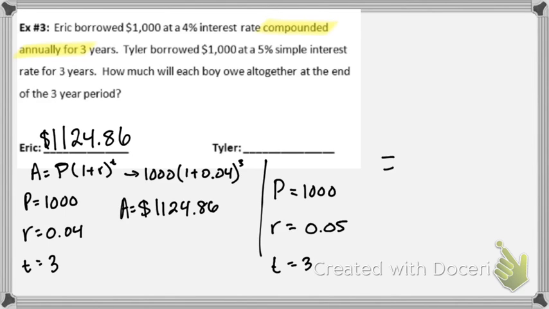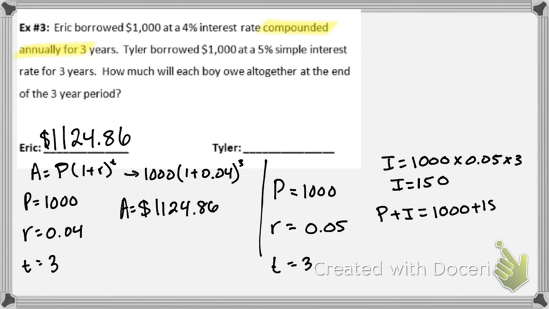Okay, so here we have the interest equals P times R times T. Our interest is 150, and let's get our principal plus our interest, so that way we get our total. So total is 1,150.